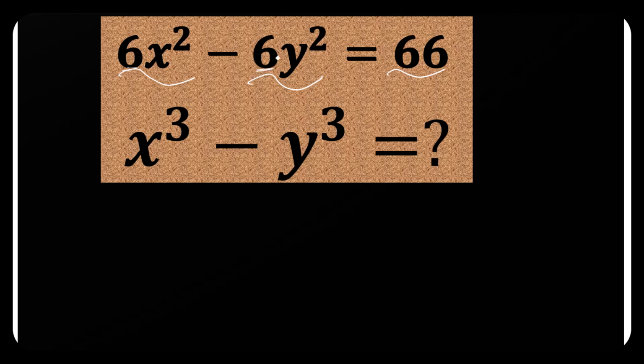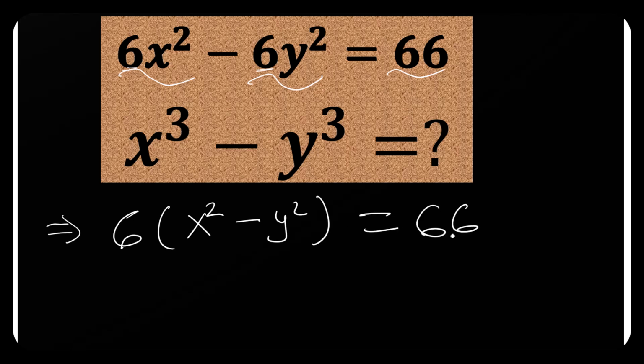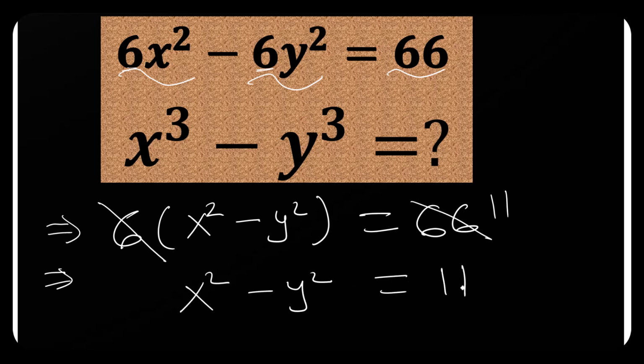So without wasting time, I will just take the 6 out: 6 out, x squared minus y squared equals 66. Now we can divide both sides by 6. Dividing both sides by 6 cancels the 6, and it goes into 66 eleven times. So my next step will be x squared minus y squared equals 11.